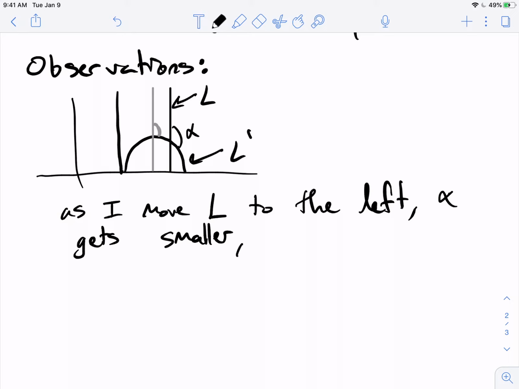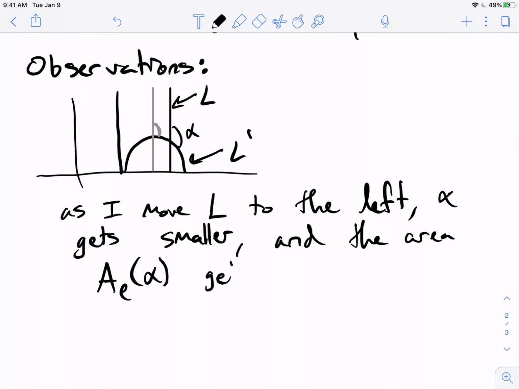And the area of the ideal triangle, which we called A rho of alpha, gets smaller. The area of the ideal triangle is given by the area inside of this space here, right? And as I move L to the left, that area is shrinking.